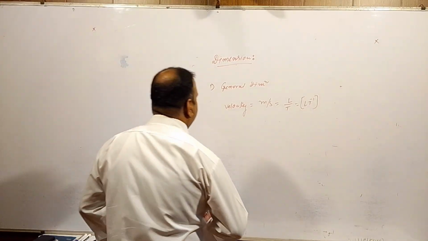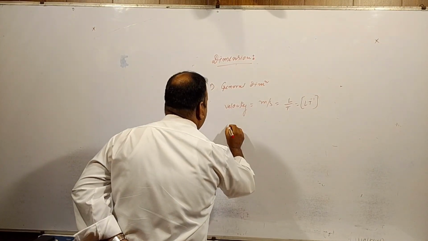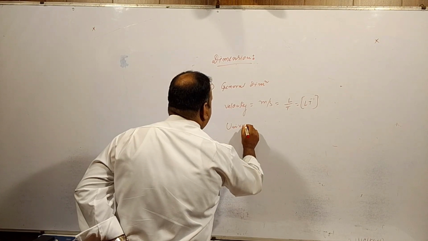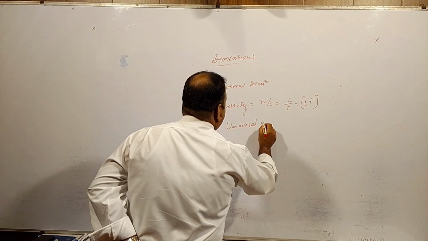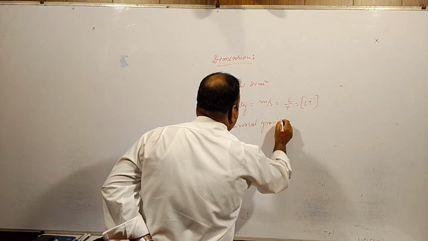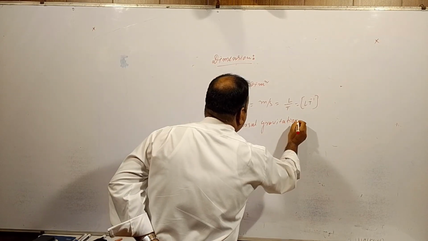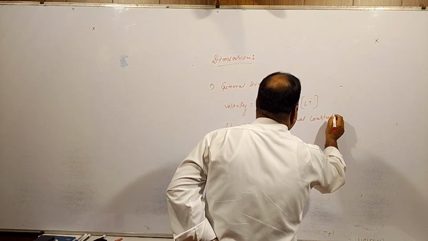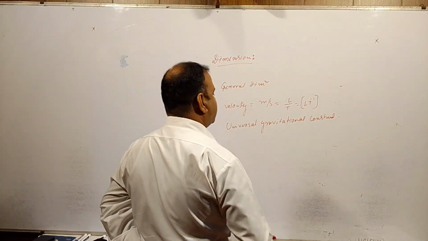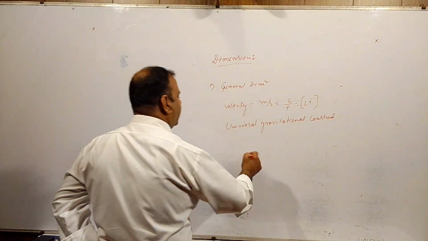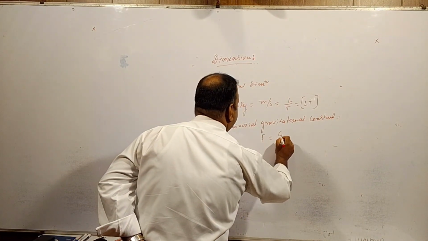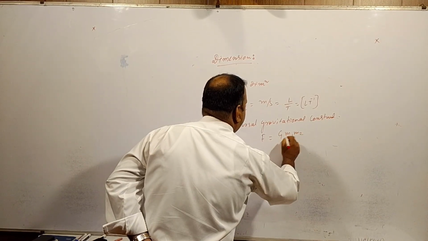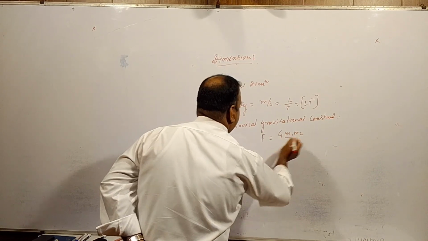Now, when we are talking about the universal gravitational constant, it is basically represented by capital G. Already you know this formula, F is equal to G m1 m2 divided by r square.